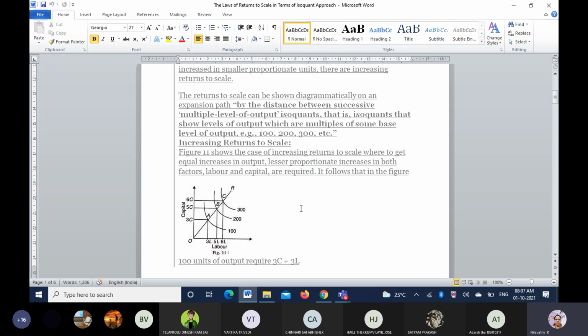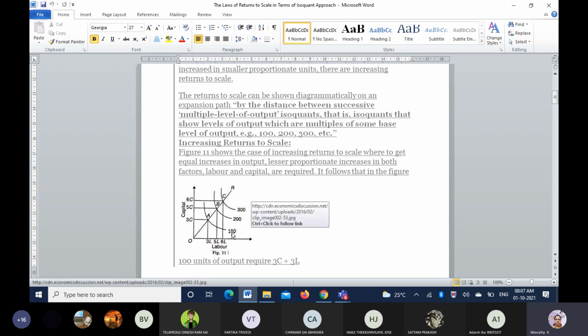But the same concept, with a little bit of difference, they are explaining with this isoquant curve. So here the isoquant curve is there. Instead of labelling the curve, they have given the maximum production of that isoquant curve.